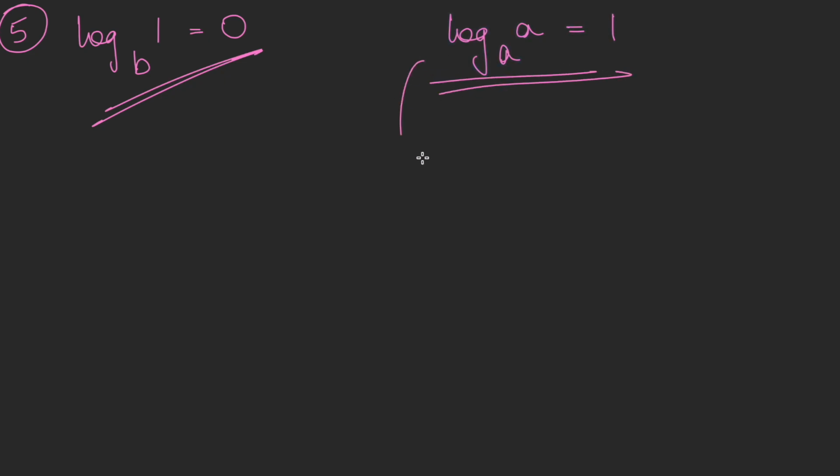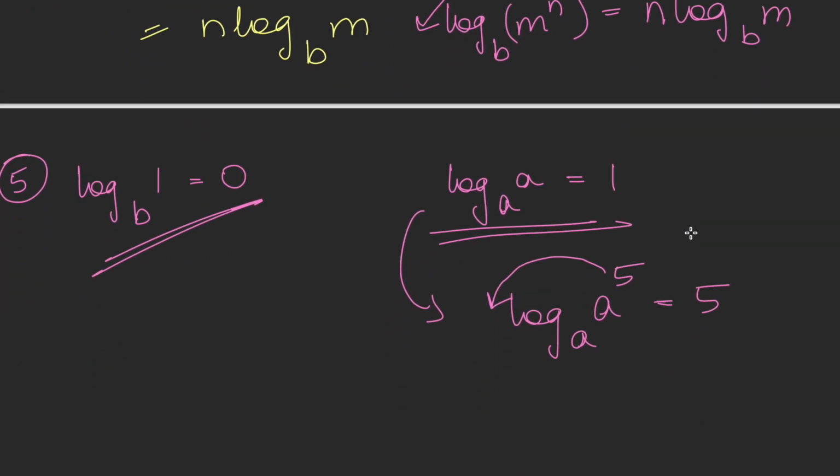But if this was written in the form log a to the power 5, what would the answer of this be? This would be 5, because 5 would come in front of the power as discussed here.